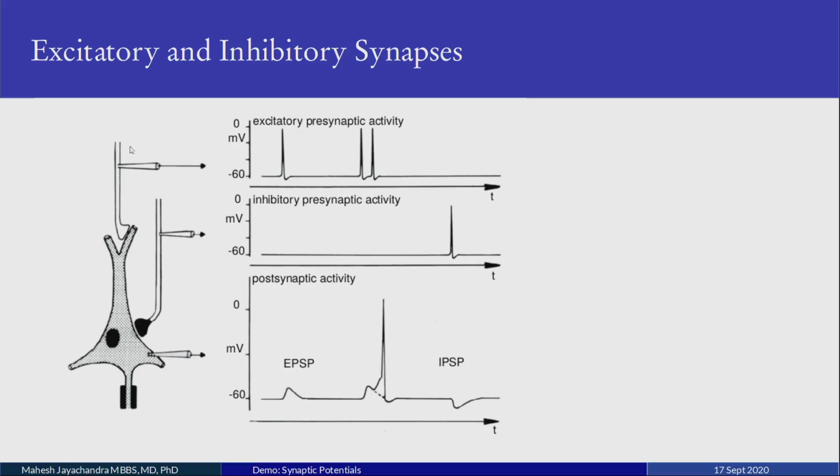This is a dendrite from an adjacent interneuron or a pyramidal cell which forms an excitatory synapse over here. If you remember, a synapse consists of a presynaptic process, a synaptic cleft, which is a discontinuity of 20 nanometers, and a postsynaptic process over here.